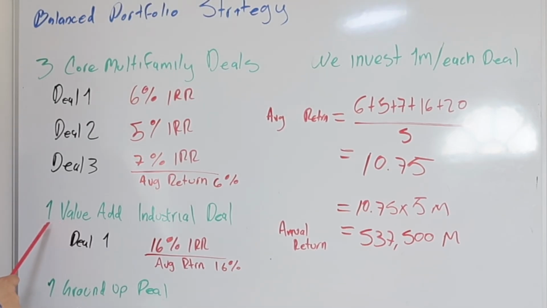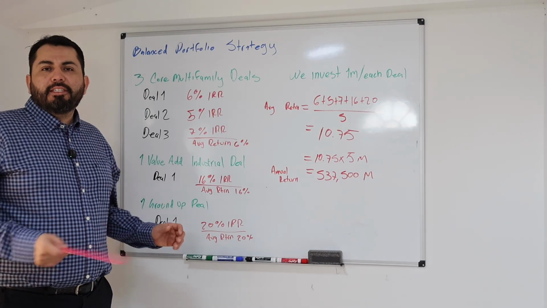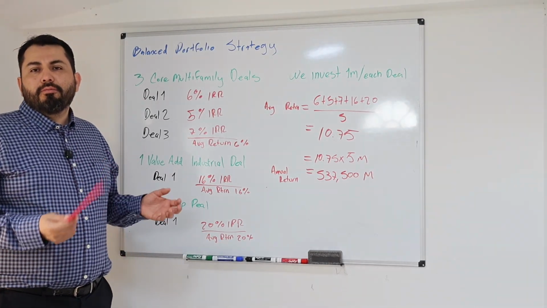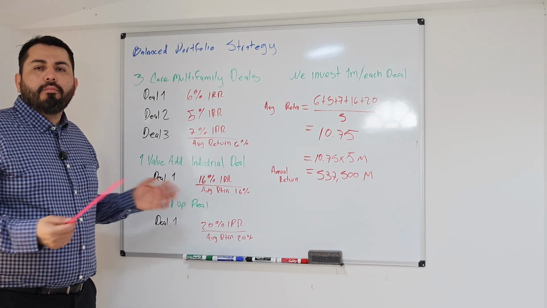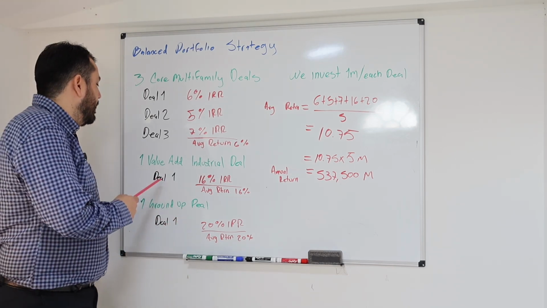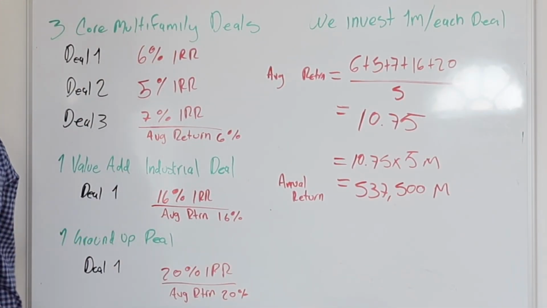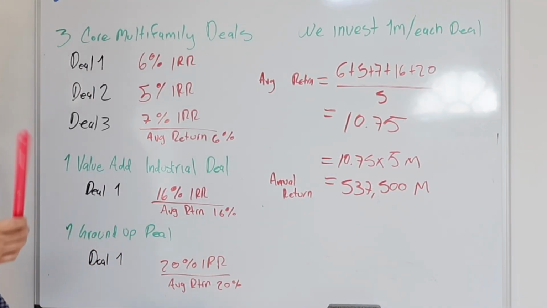For the second kind of deal, we have a value-add industrial deal. We may purchase an industrial building, we may add some bays or some ramps, and we paint or do some minor updates, and we have this value-add deal. We get 16% in internal rate of return, with an average of 16% because we have only 1 deal.